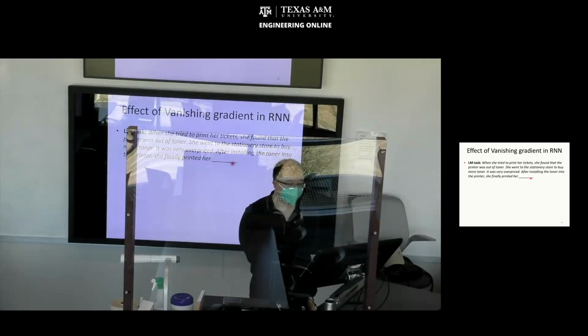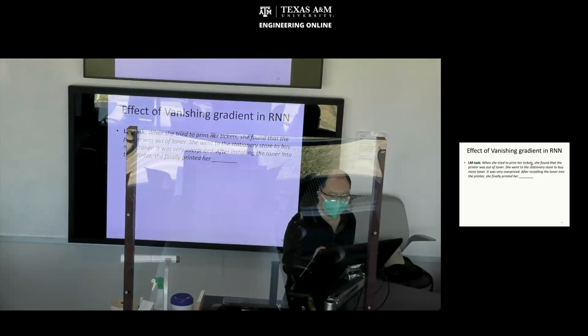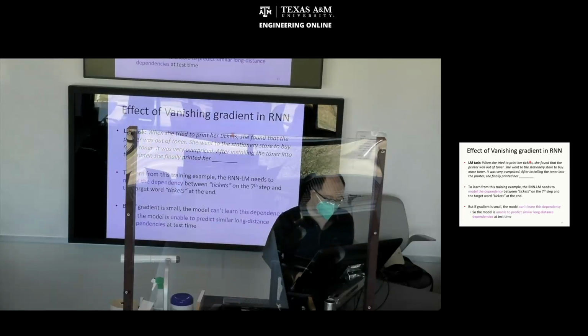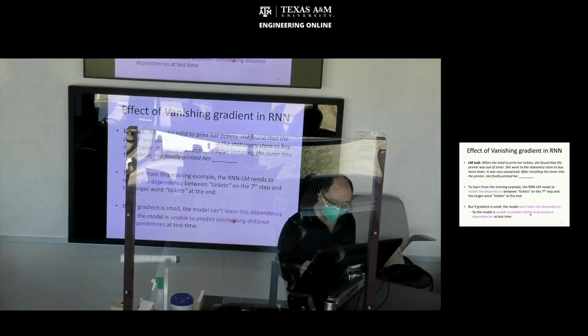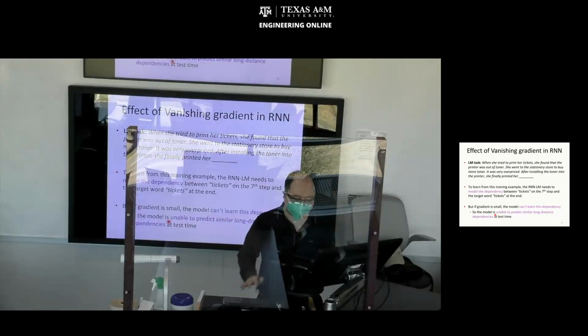Tickets. But where were the tickets mentioned? Very long term. So if you have a badly trained model, this dependency is really far. If the gradient is really small, then the model can't learn this dependency, and is unable to predict the long-distance dependency at test time.